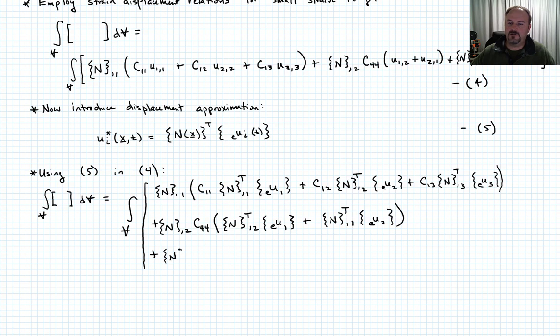There's partial of n with respect to x3 times C55. Now the same thing. This term looks like n transpose partial with respect now to x3, still multiplied by the U1 nodal displacements.